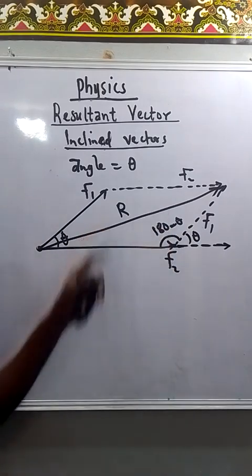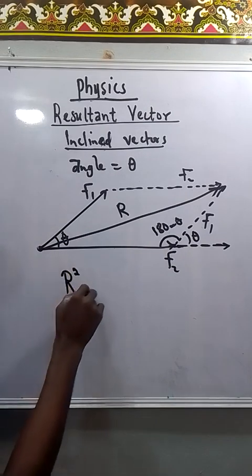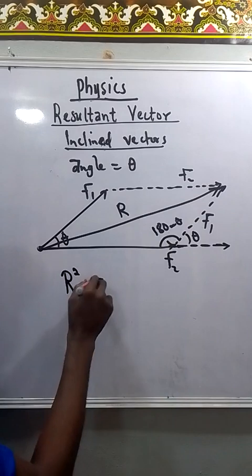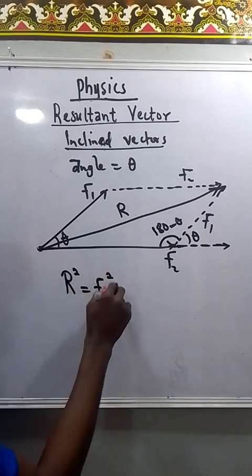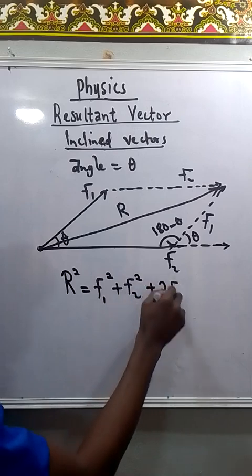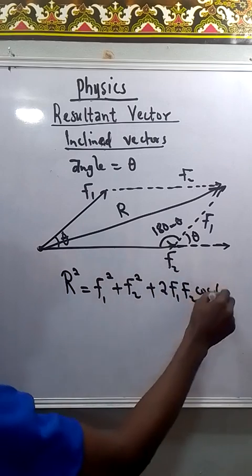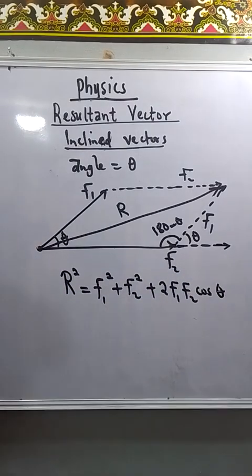Now, to find the resultant, we already have a formula for that. R squared will be equal to F1 squared plus F2 squared plus 2F1F2 cos theta. This is one way of using the formula.